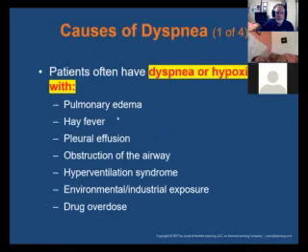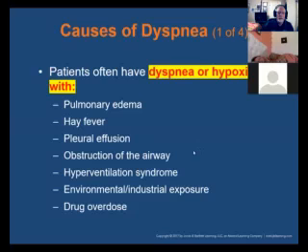Most people are thinking just a little bit of runny nose and itchy eyes, but it can go a lot further than that, and it can trigger dyspnea. So don't just completely discount a condition because it sounds like, oh, that's a little bitty deal, because in some people, it can be an extremely big deal.